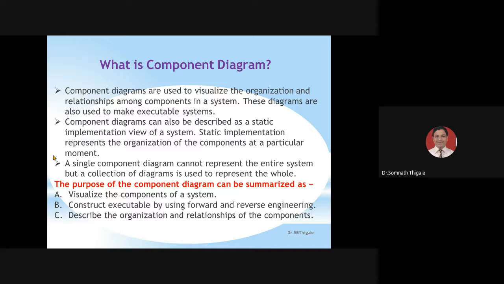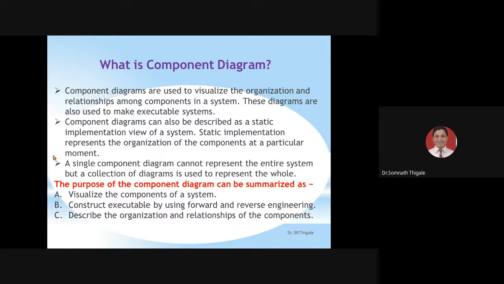Once I am able to find the components, I can organize them at different levels. So I am calling this a component diagram. Let's understand the diagram first, and then we will discuss the various parts. Component diagrams are used to visualize the organization and the relationships among the components in a system.